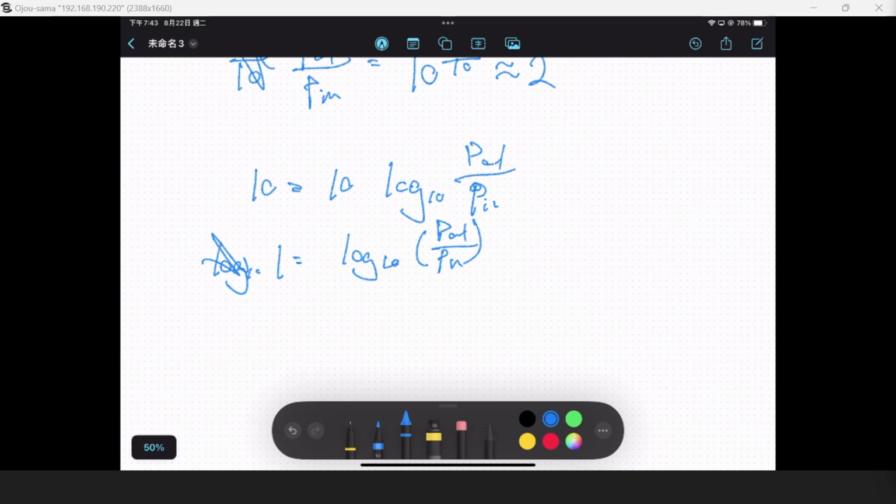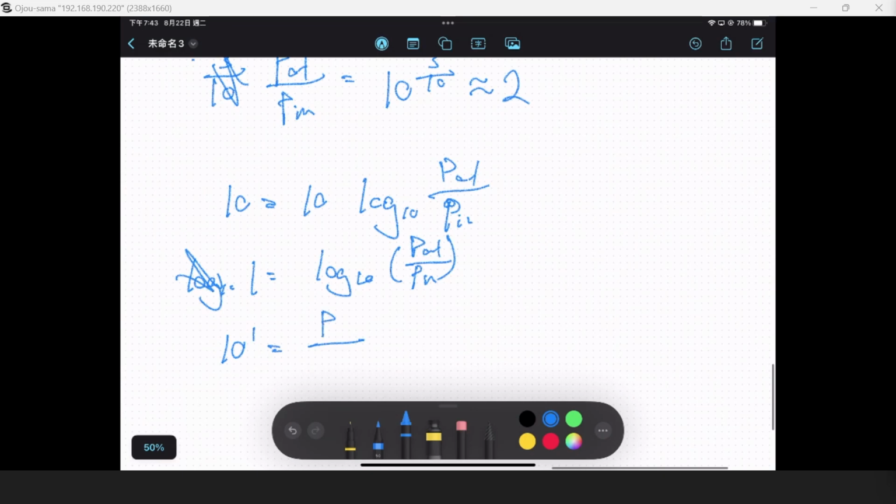And 10 to the power 1 is just 10, right? So that's why if you have a plus 10 dB, it is just 10 times multiplied. Okay, this is how you do the math.